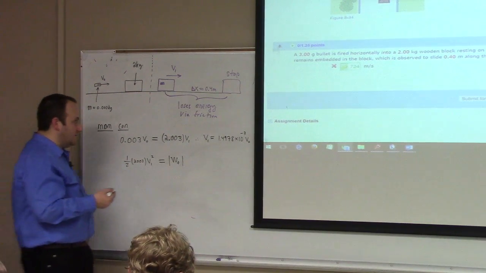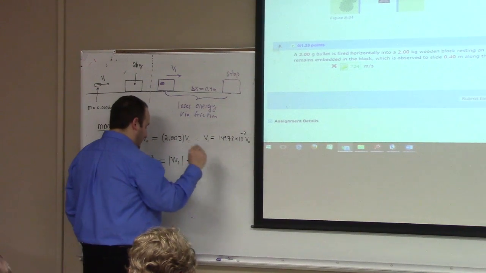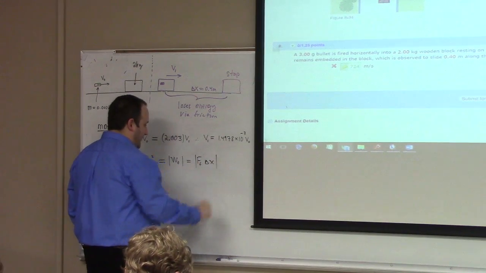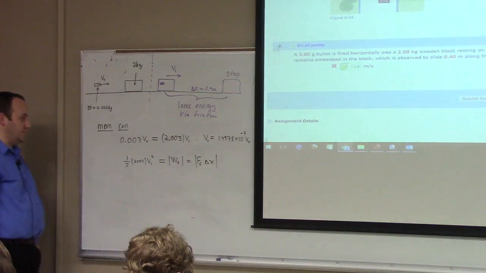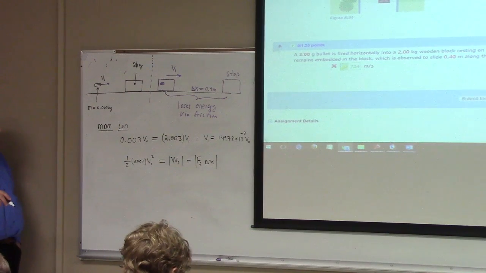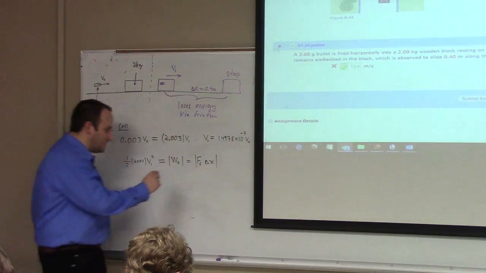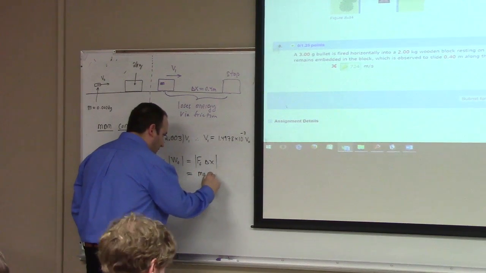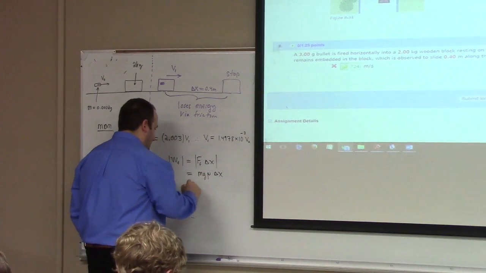The number is the normal force times the coefficient of friction, right? Times the change in x. Again, I just want the magnitude. Which is what? mg mu delta x in this case.